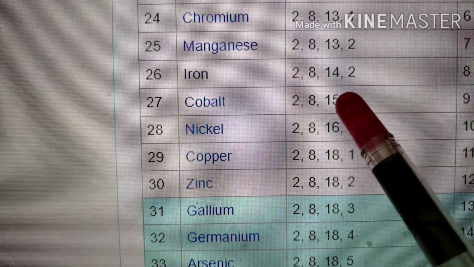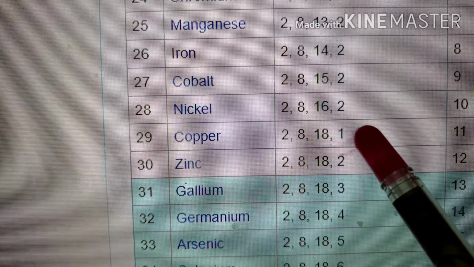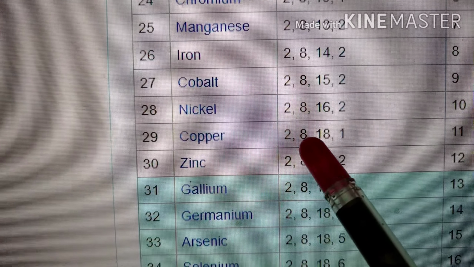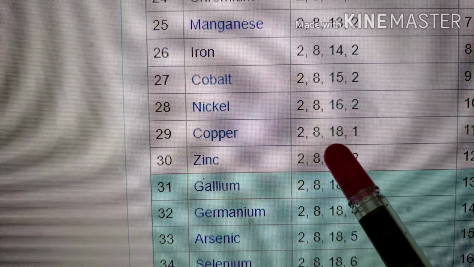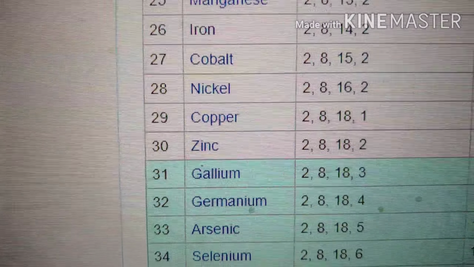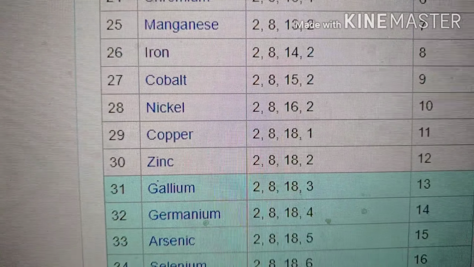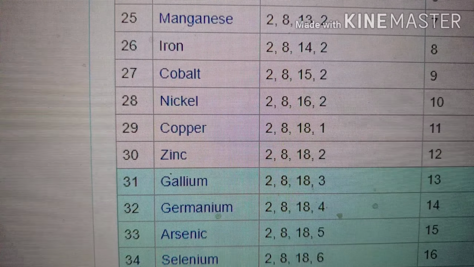Maximum 3, minimum 1. Here you see, now in excess of 18, only then will it hold 18 electrons in its third shell. This is all about the electronic distribution. Next we will go for the change in energy for transfer of electrons.